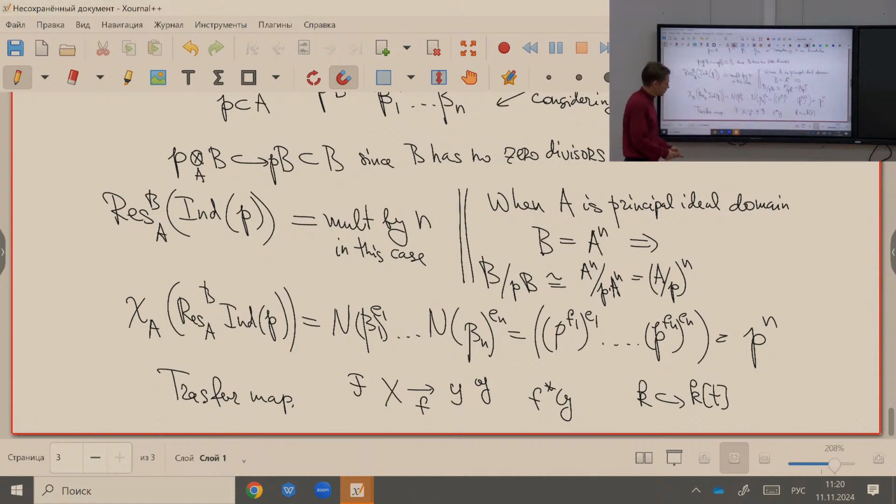So this means that this operation has a restriction from A into B, which is precisely the analog of push forward in algebraic geometry.